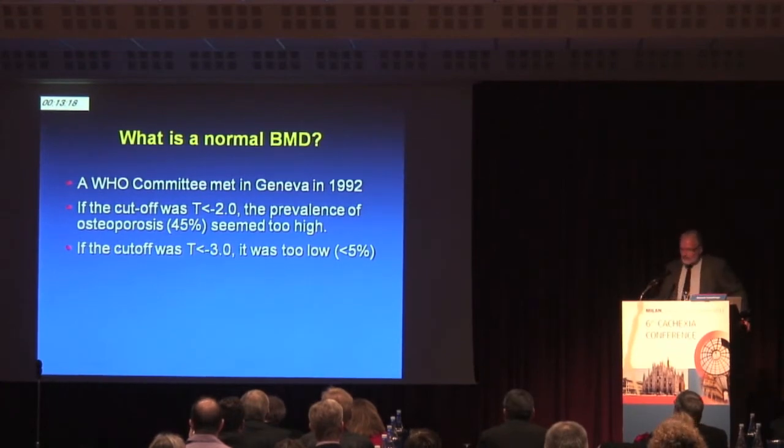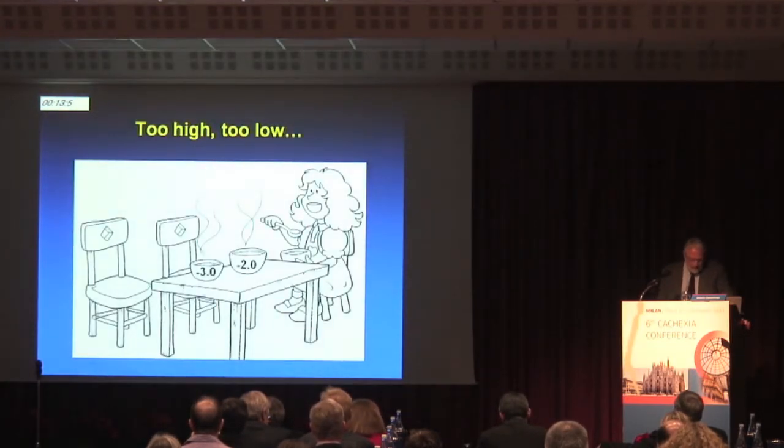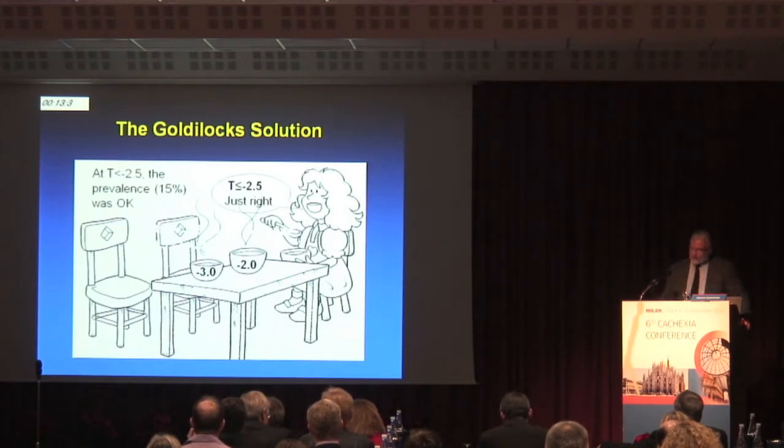But the prevalence of osteoporosis then went over 50%, 45% too high. And so someone said, let's make it -3, with the prevalence 5%, too low. So this is a too-high, too-low solution. Goldilocks knows how to solve it by picking a point in between.